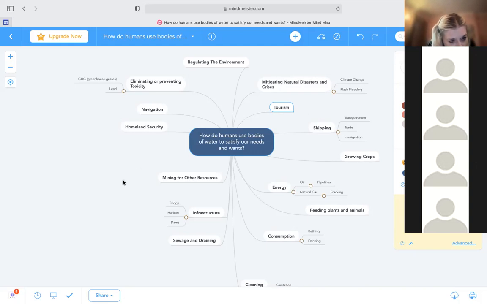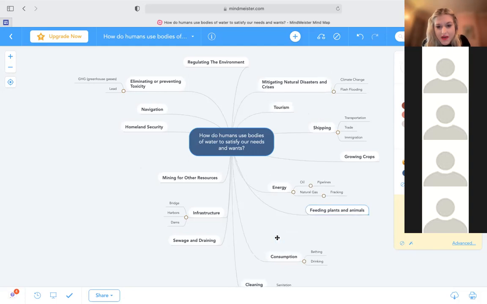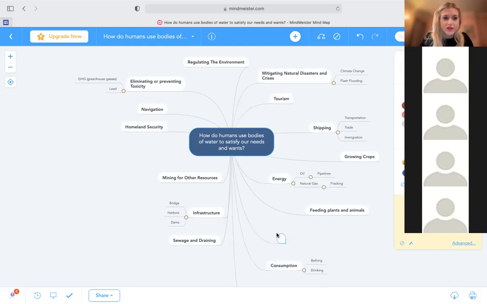And then, just trying to catch up on the chat. Electric systems and communication networks. I'm going to put that down here by energy, because a lot of people forget that the internet, we think of it as just something in the ether, but it requires infrastructure. There's infrastructure in space and there's infrastructure underwater that makes the internet work.